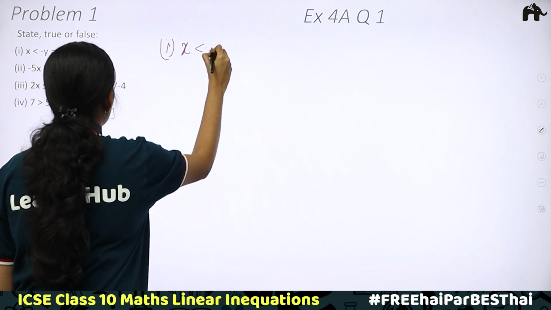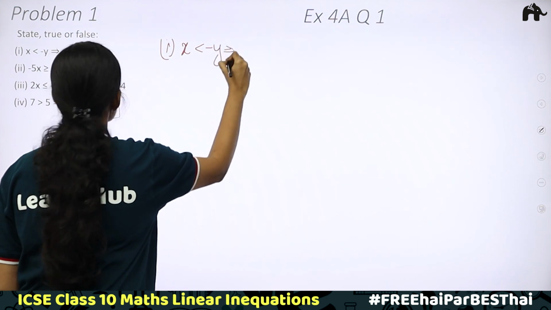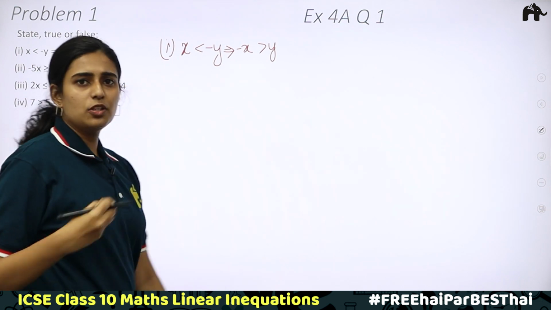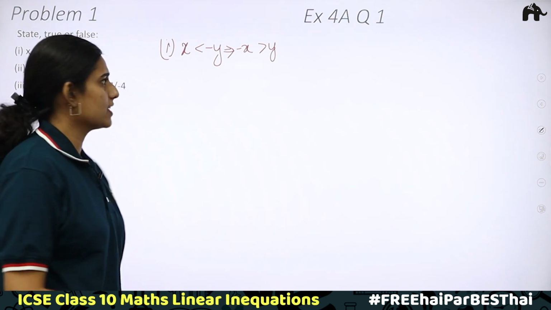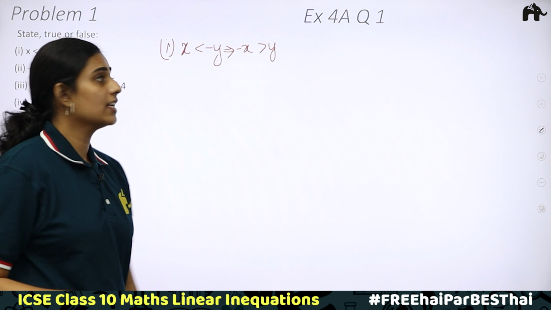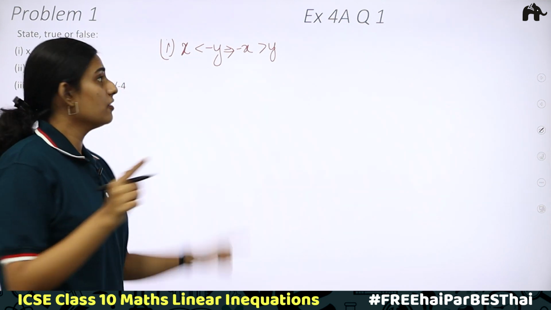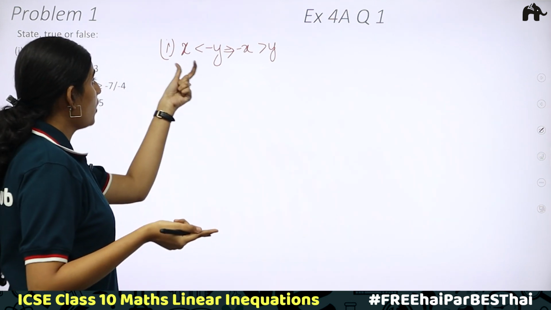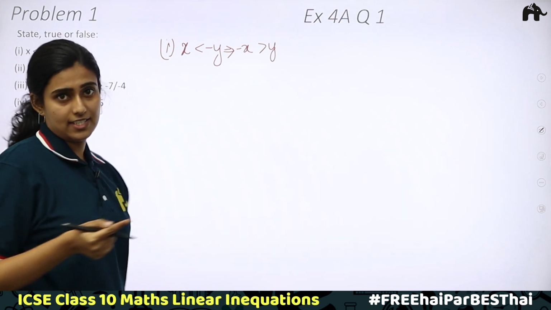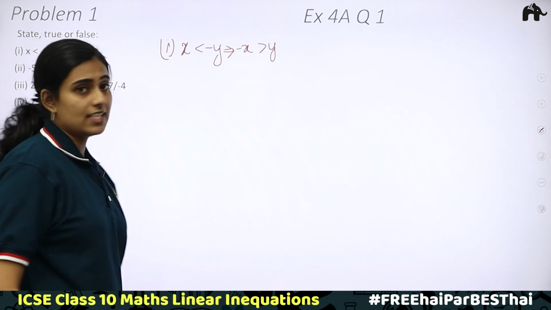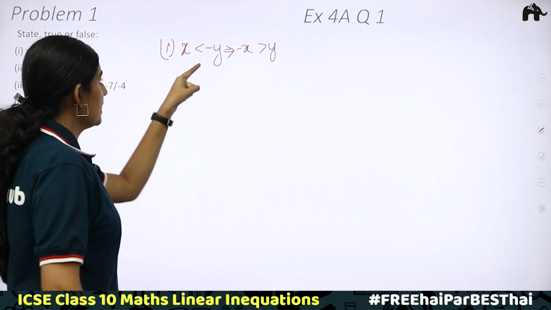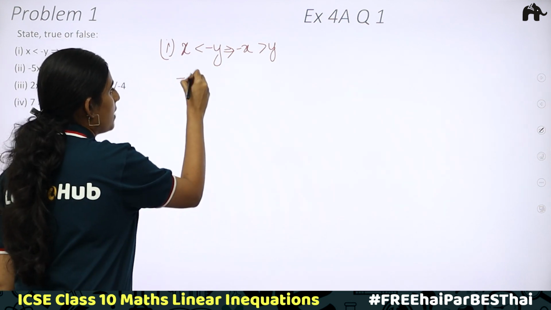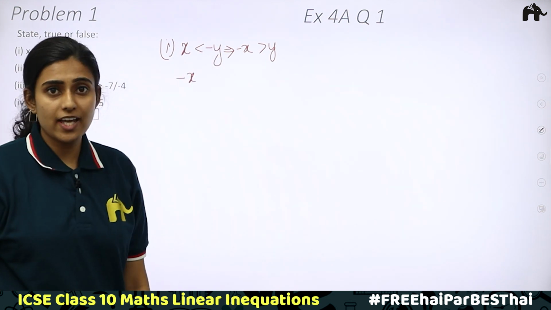x less than minus y implies minus x greater than y. We can use any of our rules. We have 6 rules. In this case, let's use the 5th rule. That is, when you change the sign of terms, you have to change the inequality. If you are reversing x, it becomes minus x, then the inequality also reverses. x becomes minus x. What about minus y?